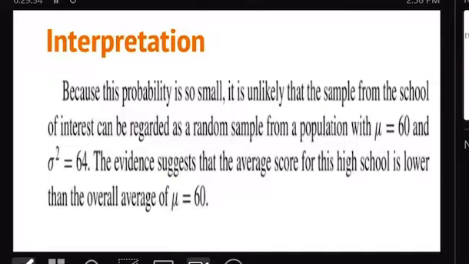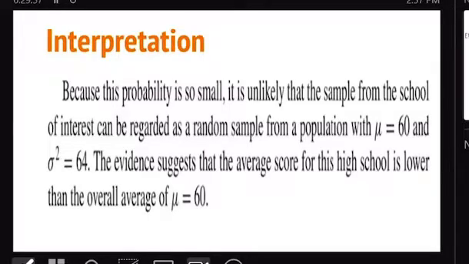And that was why I have this conclusion here. Look at interpretation. Because this probability is so small, it is unlikely that a sample from the school of interest can be regarded as a random sample from a population with mu 60 and sigma squared 64, and the evidence suggests the average score for this high school is lower than the overall average.